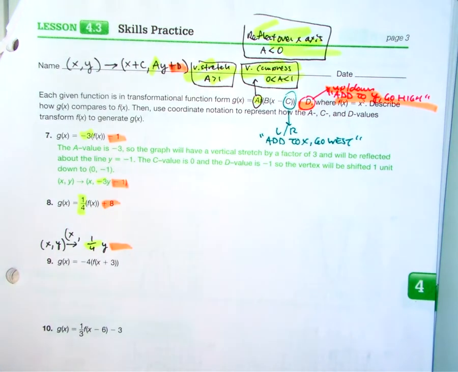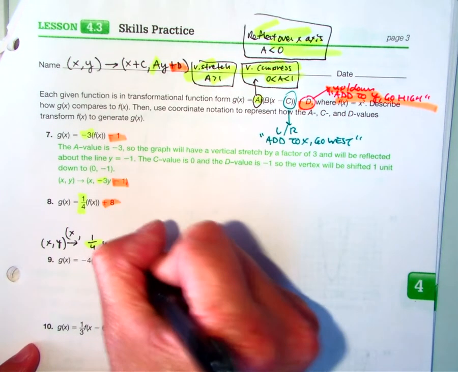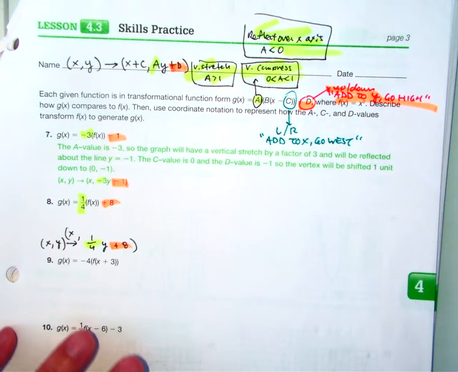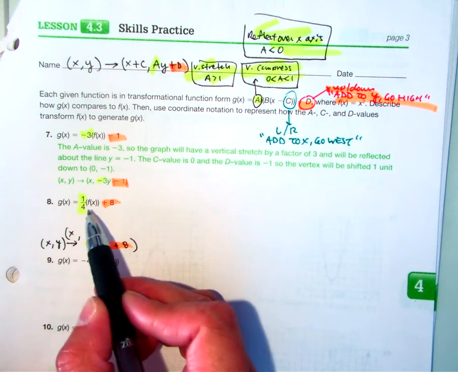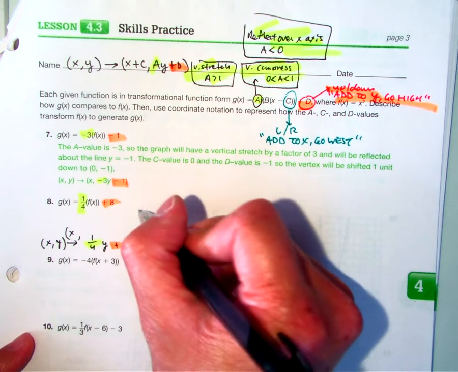Okay, what happened there? Let's just write in the words. Is this going to be a vertical stretch or compression? Why is it a vertical compression?